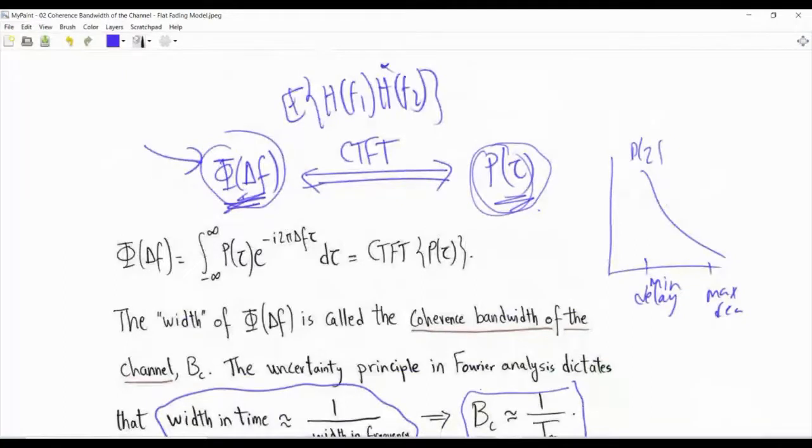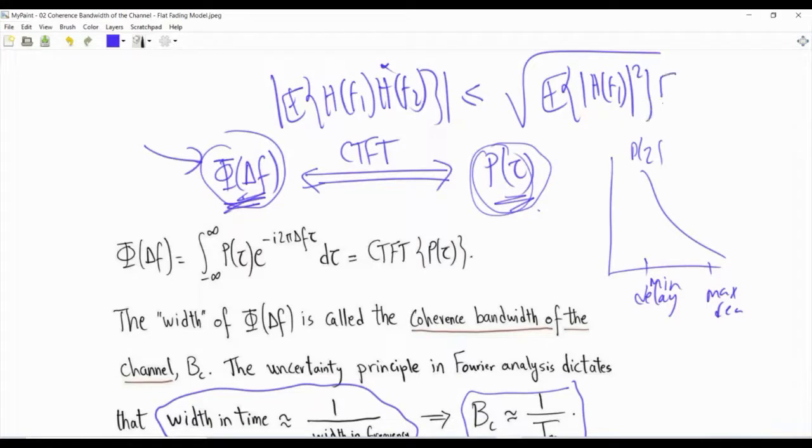Basically, the magnitude of the correlation is always upper bounded, by the Cauchy-Schwarz inequality, by this thing here, the expectation of h of f2 squared.